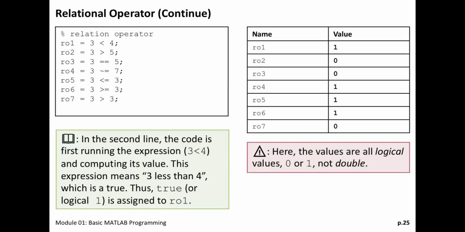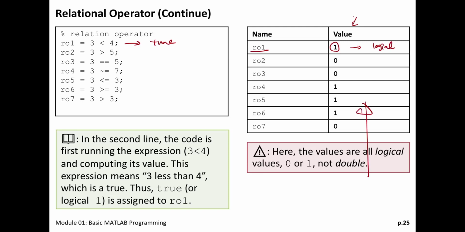Okay, let's see the example. What is this one? True, right? That's why if you see the workspace, you can see the one assigned to this variable, but this type is not double. The type is logical.